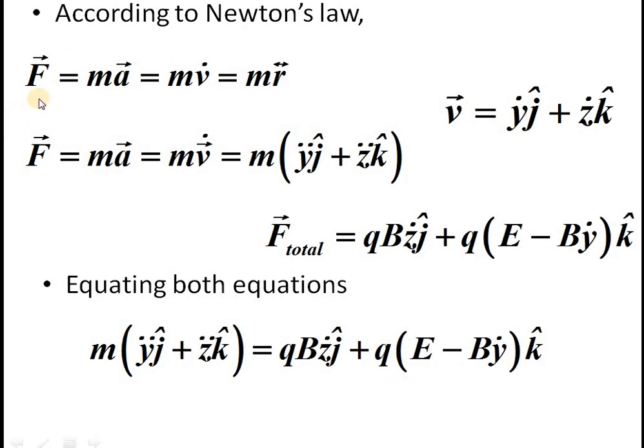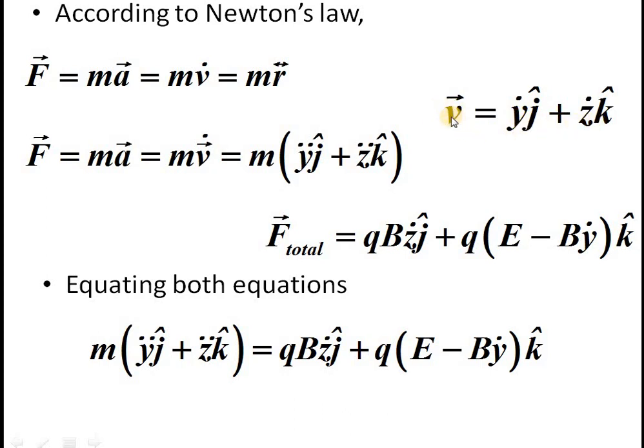Again, according to Newton's law, force is equal to mass into acceleration. Acceleration is the rate of change of velocity, dv by dt, or you can write it as d square r by dt square. But here we know V has a Y component and a Z component, so V is equal to y dot j cap plus z dot k cap.